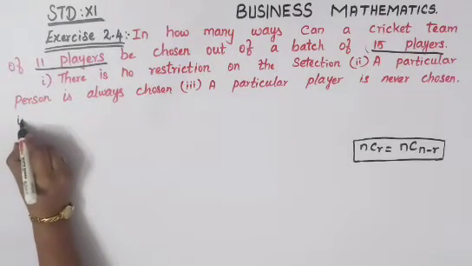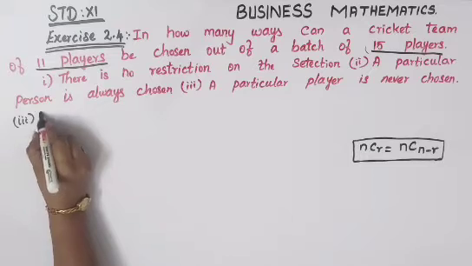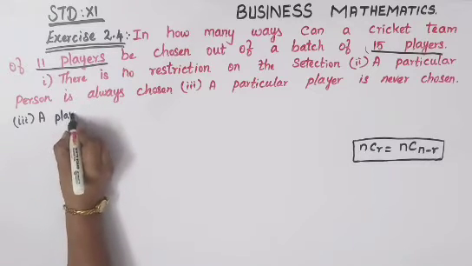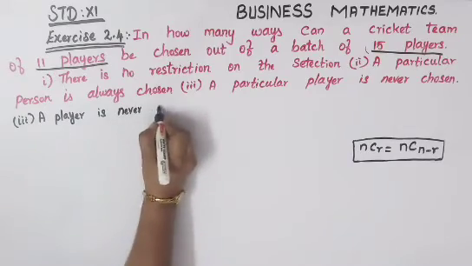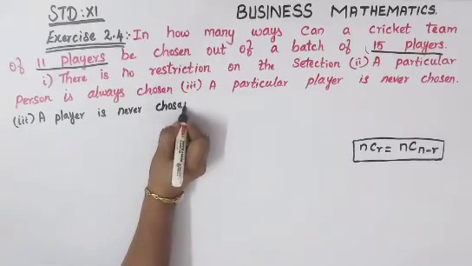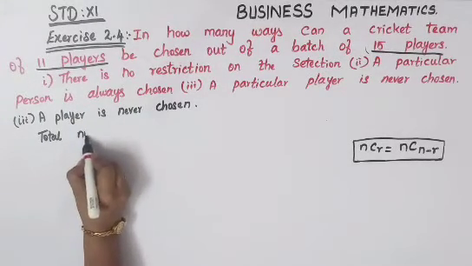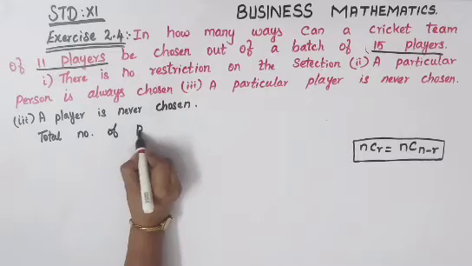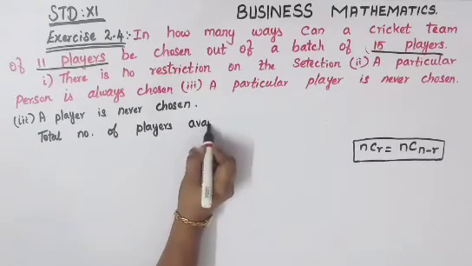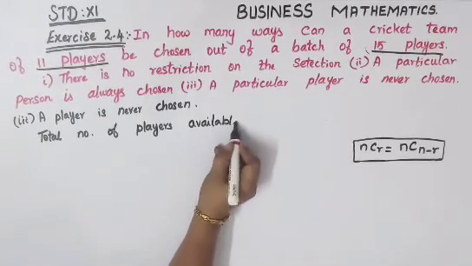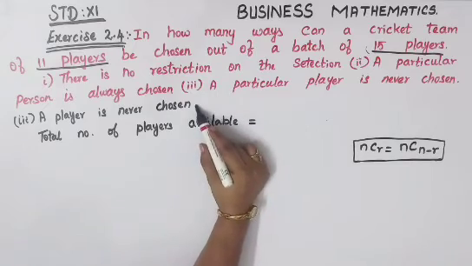Third subdivision, a player is never chosen. Now the total number of players available is, so one person is not at all taken, so that person will be always out.